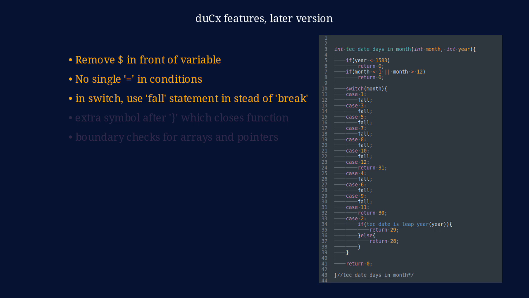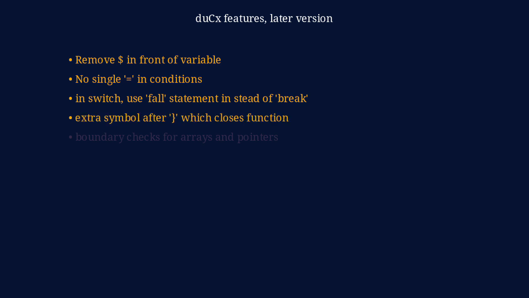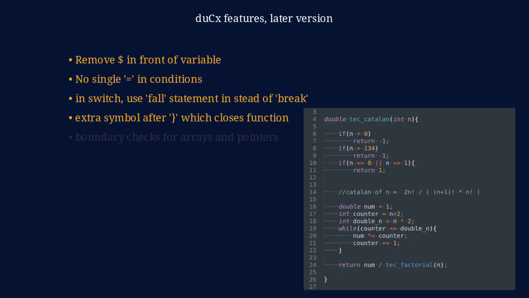Another thing is, what about the curly brackets? You have them around the function, and then inside the function for the if and the while and so on. Now, what if you mess up the curly brackets and there's a mismatch in the nesting? Then you end up with a parsing error.